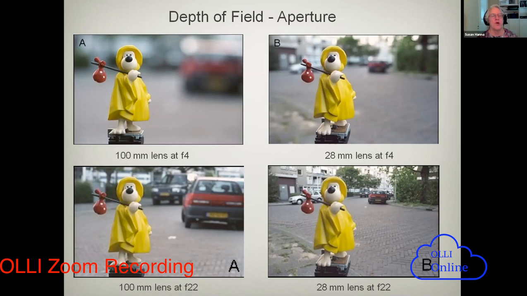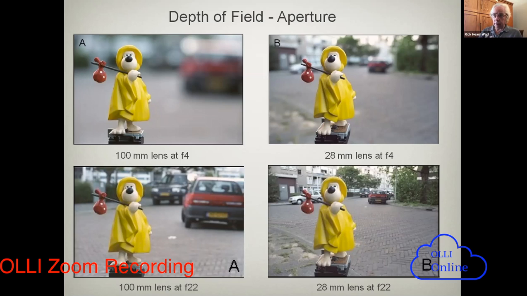That at F4 you have about 4 feet of depth of field, whereas at 22 you have about 22 feet of depth of field. And that's a really good way to remember it. Not that those numbers are accurate, but a small aperture number like 4 equals very little depth of field. A large F number like F22 is a lot of depth of field.